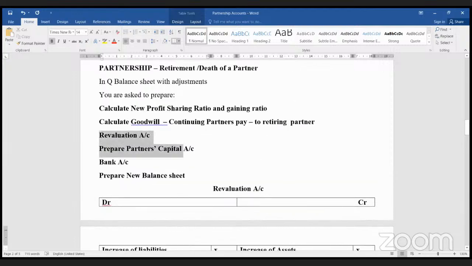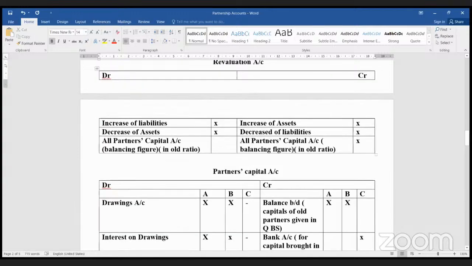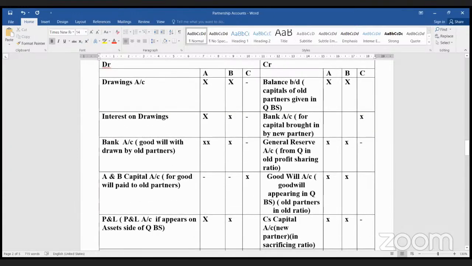After that, the partners' capital account. In this account the same thing will come, with only a few changes. Balance brought down, all partners, as given in the question balance sheet. Whatever changes I make, do this.